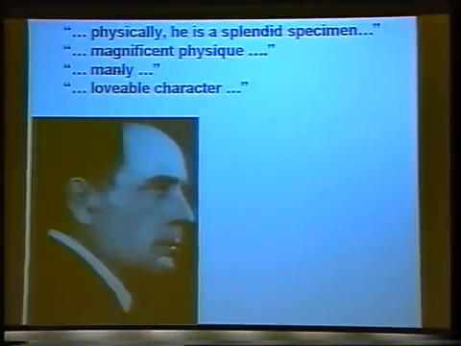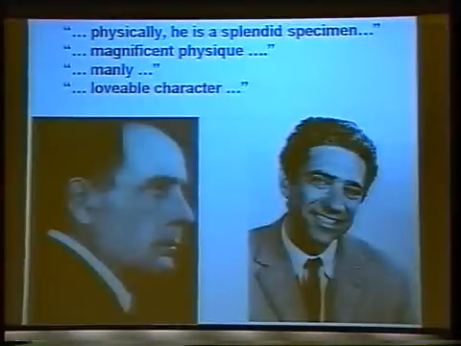Now, actually, Hubble has something in common with someone who is now well known at CERN, and you can probably guess who this person is. He has something in common with Jack Steinberger. Not necessarily a splendid physique, but the fact that he was an undergraduate and a graduate student at the University of Chicago.